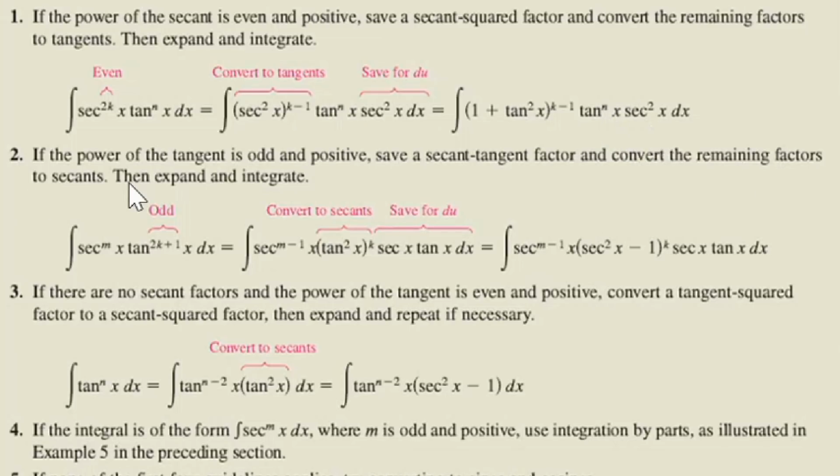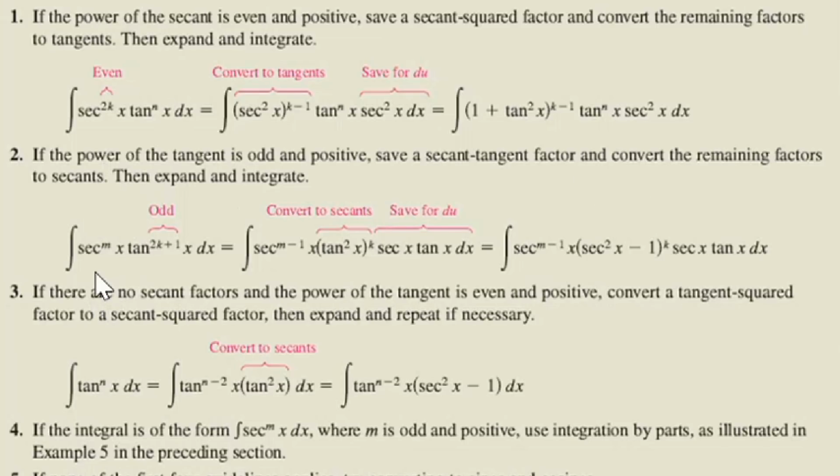Number 2, if the power of the tangent is odd and positive, then save a secant tangent factor and convert the remaining factors to secant. Then expand and integrate. So we have here the guide.